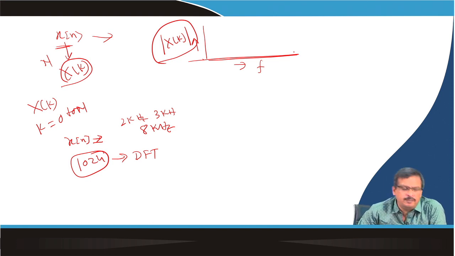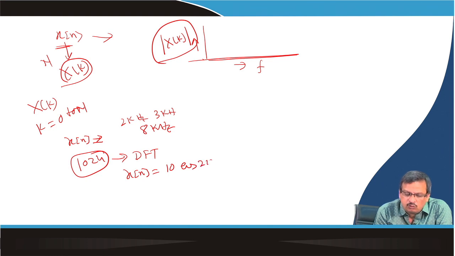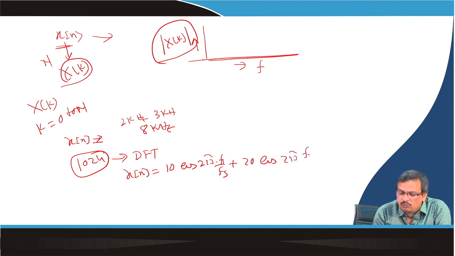So, how do you do that? I have to generate x of n equal to, let us say, 10 cos(2 pi f1 by fs) plus 20 cos(2 pi f2 by fs), where f1 is equal to 2 kilohertz and f2 is equal to 3 kilohertz.